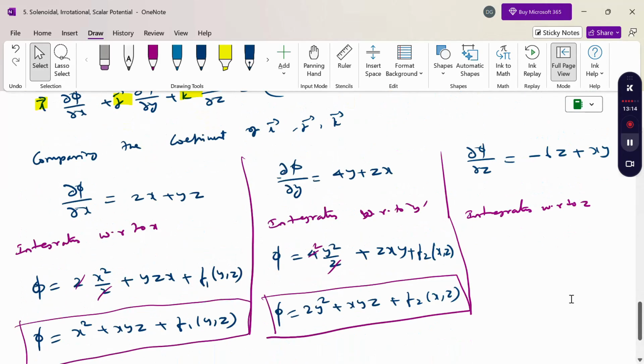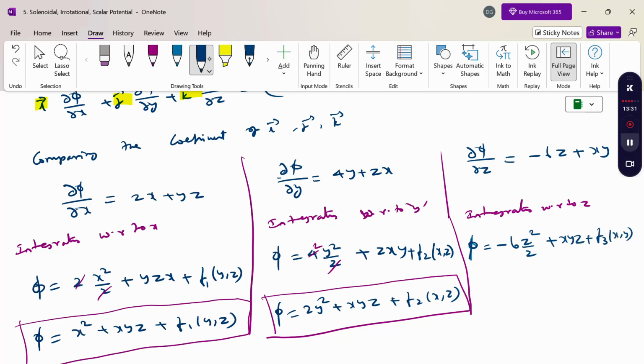And then the other term, integration with respect to z: phi equals minus 6z square by 2 plus xyz plus f3 of x comma y.